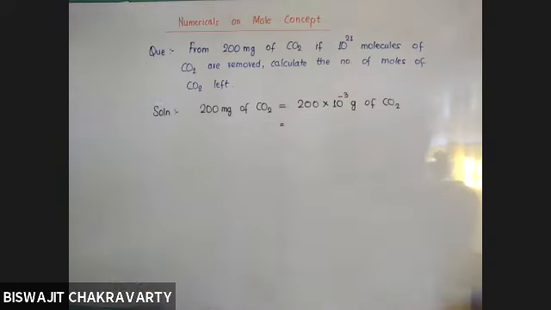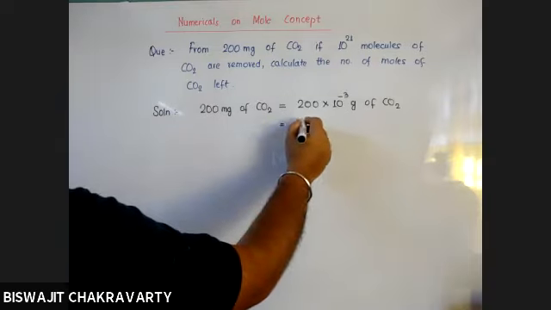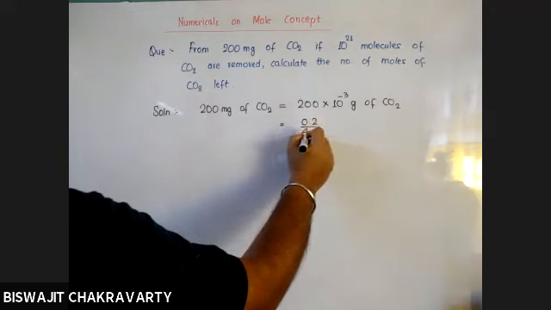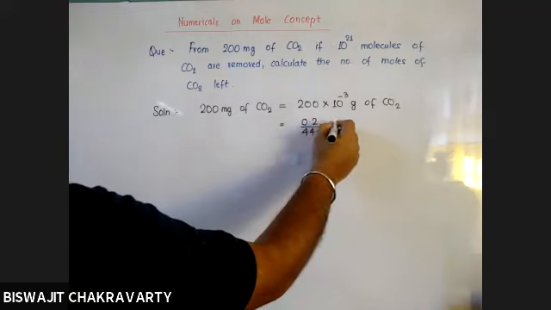Now, when I want to convert it into moles, what should I divide this with? Molar mass of CO2. How much is molar mass of CO2? 44. So it is converted to moles.